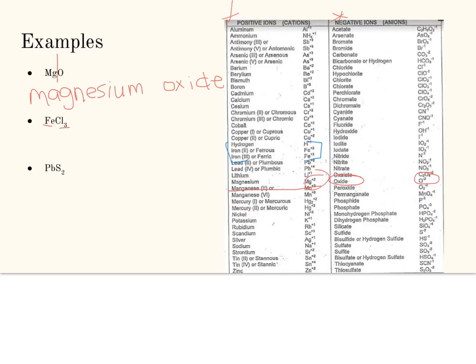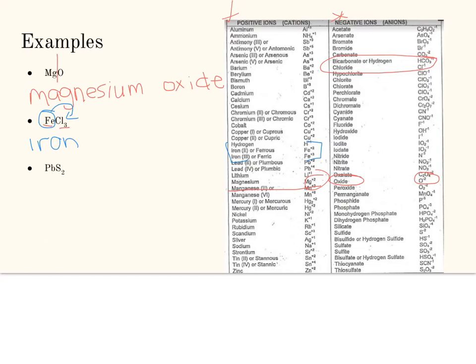So when I name this element, I'm going to start with the name iron. Now I have to figure out what charge this iron atom is carrying. And so to determine the charge of our cation, we're going to look at the anion. If I go over to the anion side of my periodic table, I can find chloride right here.